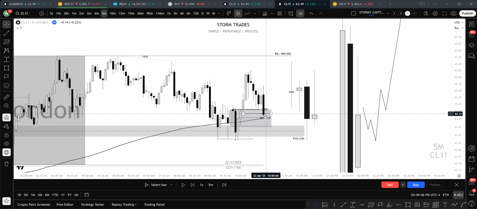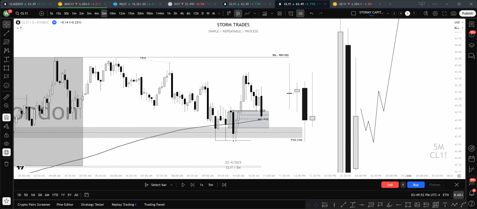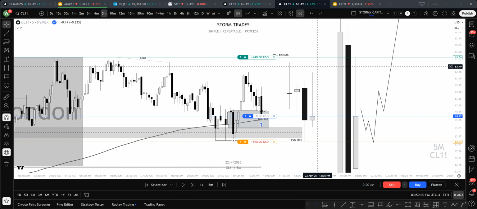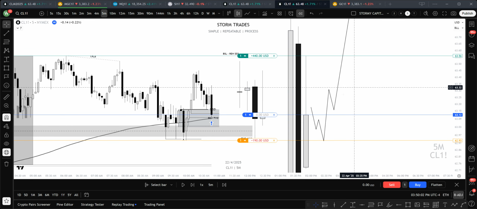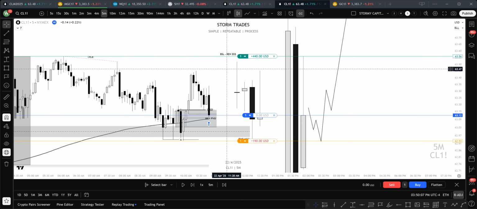And when I have an entry like this, I will go ahead and put my stop loss, which I did today, on the swing low. There's a swing low, and I will look for a 2-hour trade targeting the relatively equal highs and the low resistance liquidity.